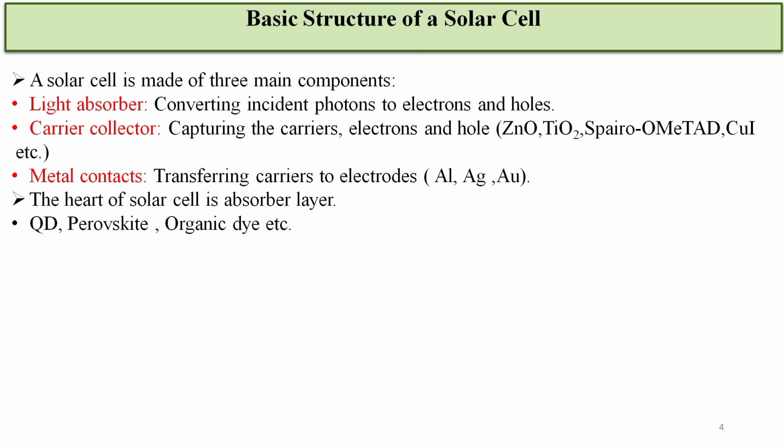So after that we will discuss the metal contact. The metal contact transfers carriers towards the electrode. So the heart of solar cell is the absorber layer, that is the quantum dot, perovskites, organic dye, etc. These are the absorber layer. We use them in solar cell.